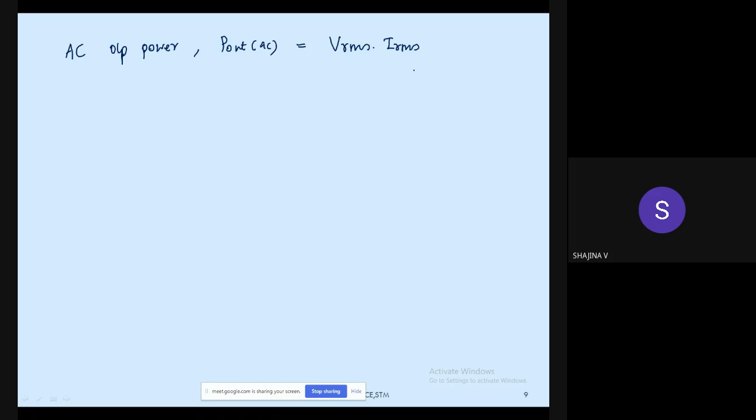So Vrms means maximum VCC divided by root 2, and Irms is equal to IC max, the maximum collector current, divided by root 2. Or we can say it is VCC into IC max divided by root 2 into root 2, which means it is 2. So this is the output AC power.